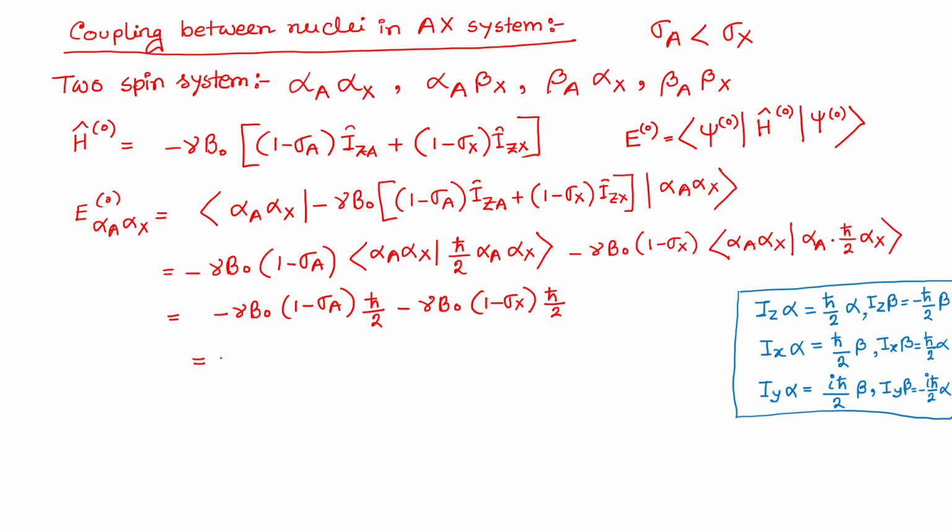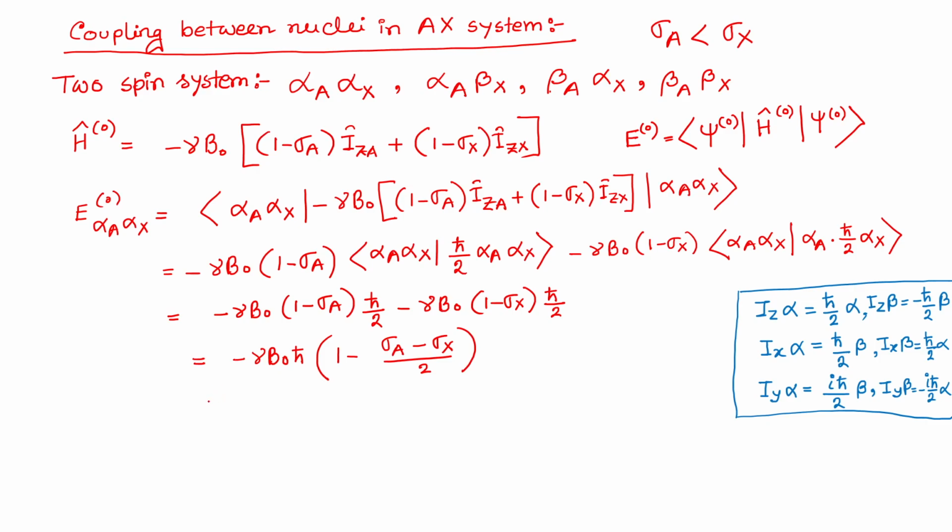So we can write it in terms of gamma B0 H cut, 1 minus sigma A minus sigma X by 2.